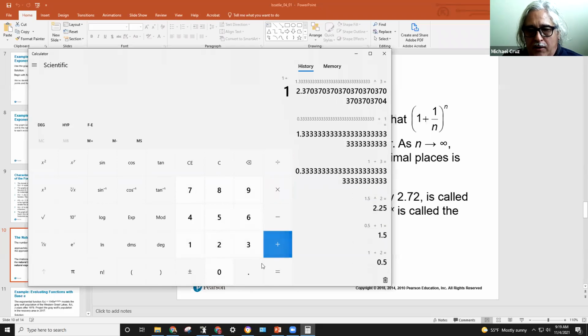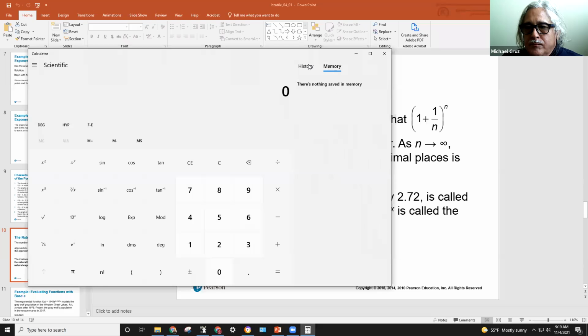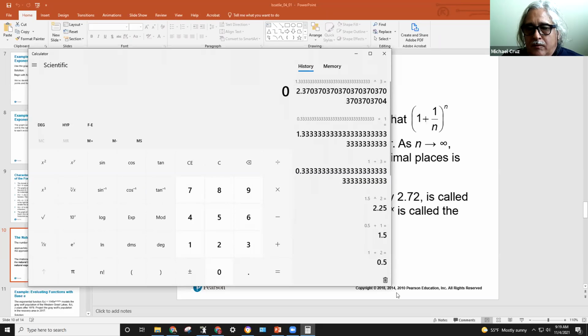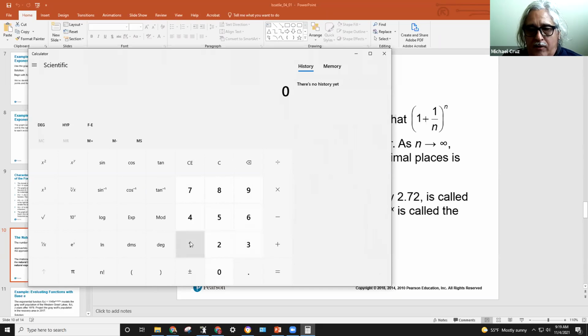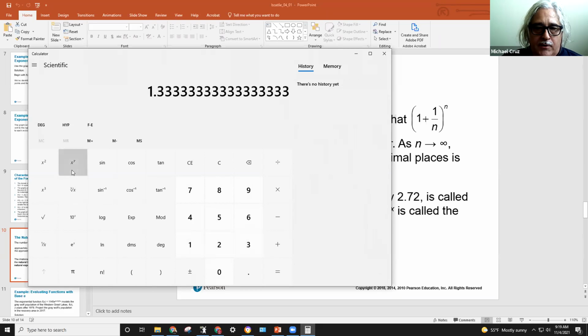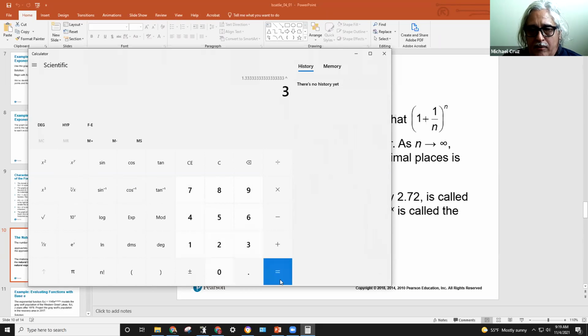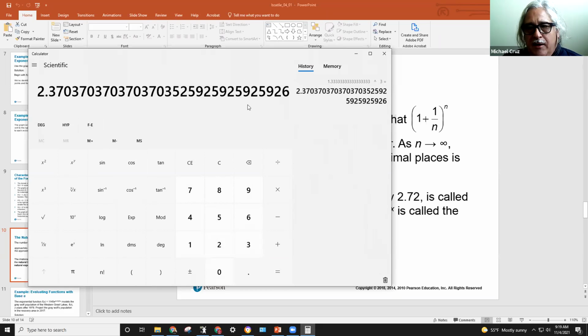So 1 plus 0.333, it doesn't like the mouse for some reason. That's how you get rid of that. 1.3333333. All right, and if we raise that to the third power, see how it starts taking out that shape.